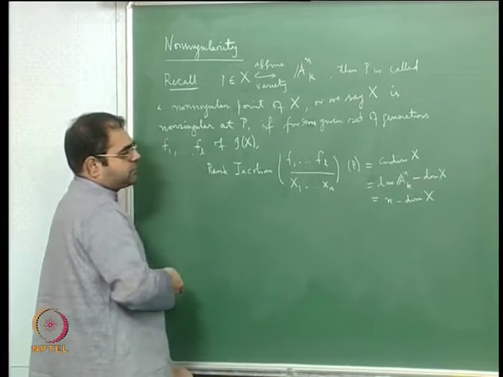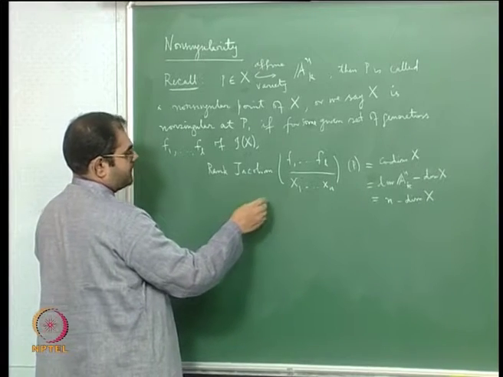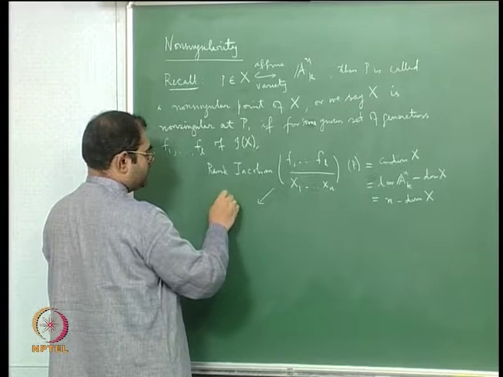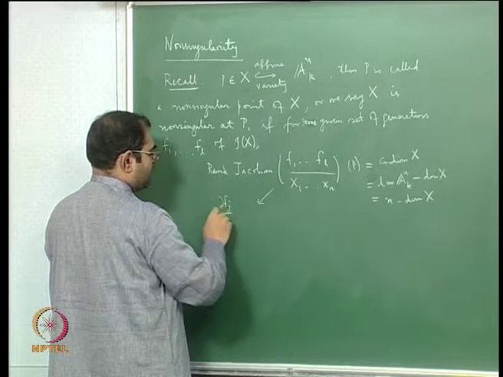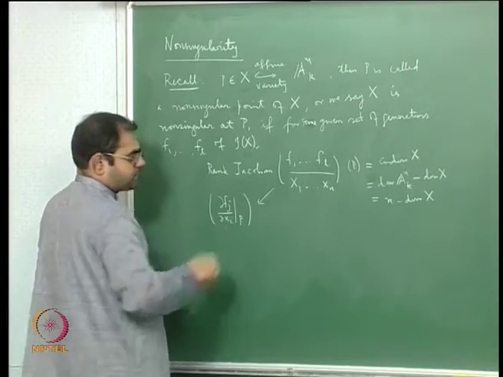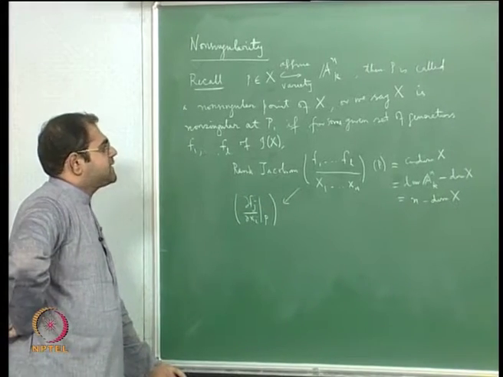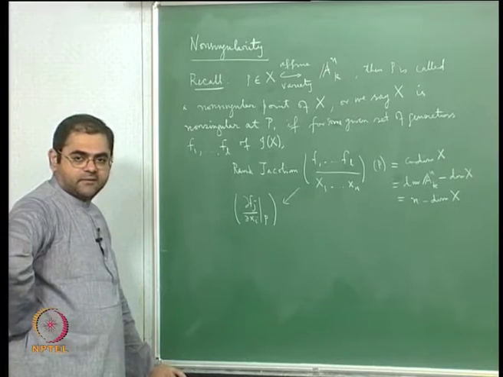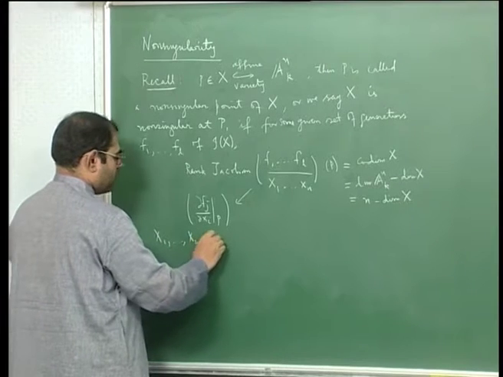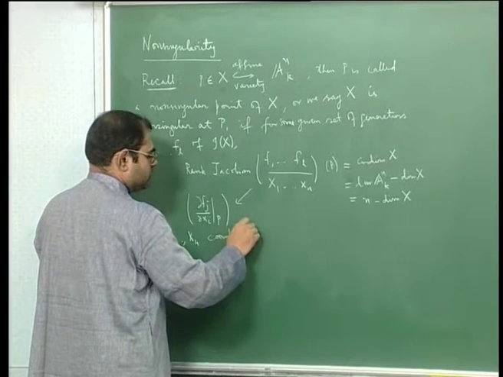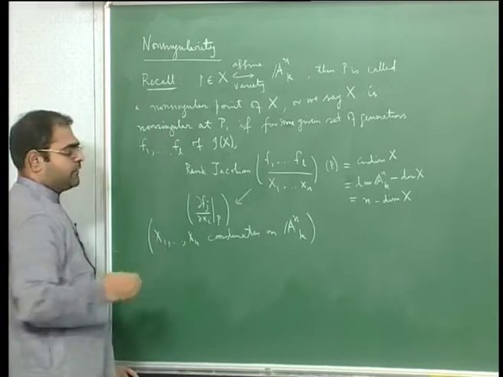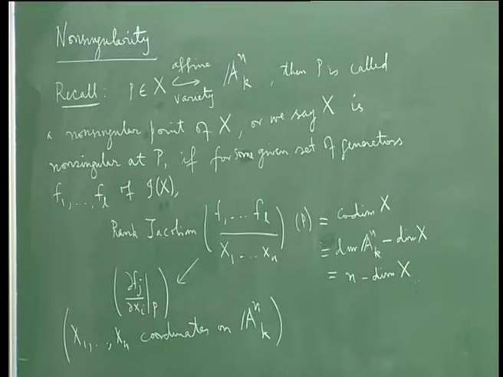So this is just the matrix of ∂fj/∂xi at P, where of course the xi's are all affine coordinates on An. So x1 etc. xn are coordinates on An, okay. So this is the definition of non-singularity.